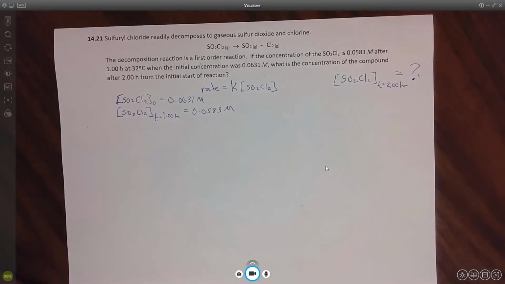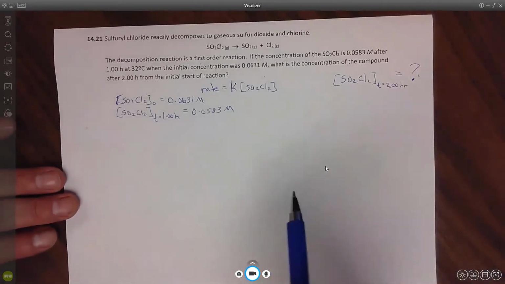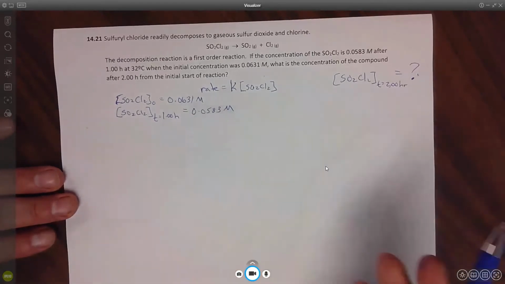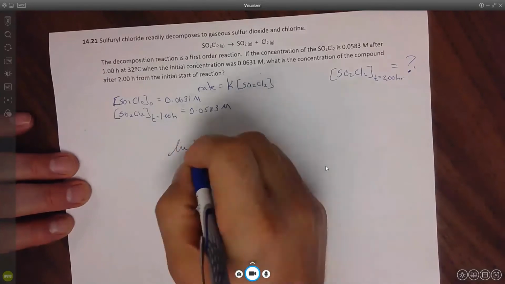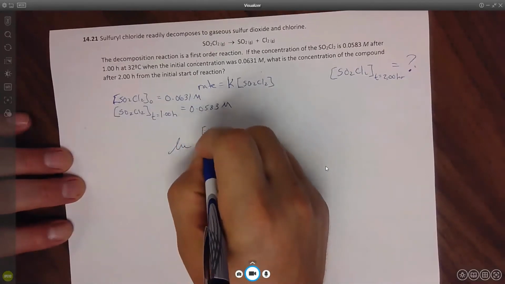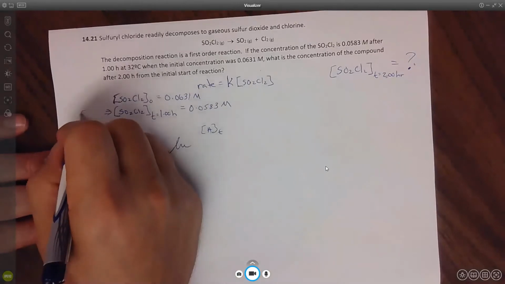Yeah, we're going to use the first order integrated rate law, or the first order time concentration equation. We have concentrations and times. So for first order, that's the ln. And this is A of t.